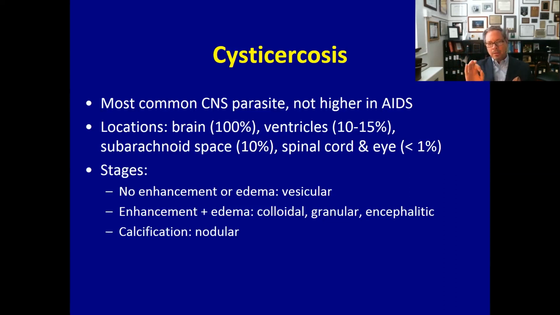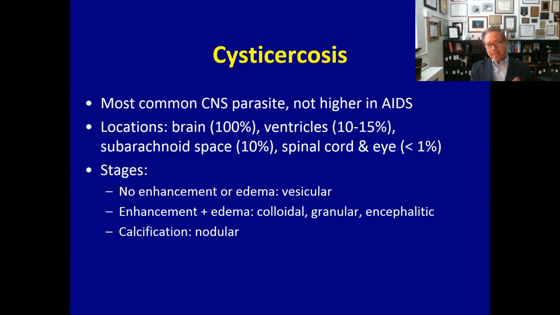It is when the parasite begins to die and the vesicle, which generally contains the urine of the parasite, ruptures, that you have an allergic and inflammatory reaction that leads to contrast enhancement and edema. And that is what's been called the colloidal or granular stages of cysticercosis.